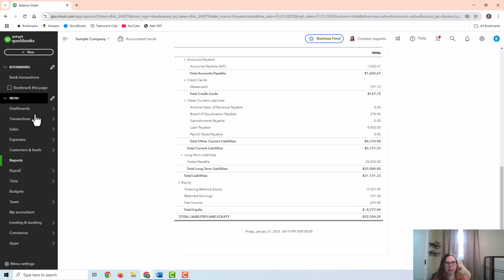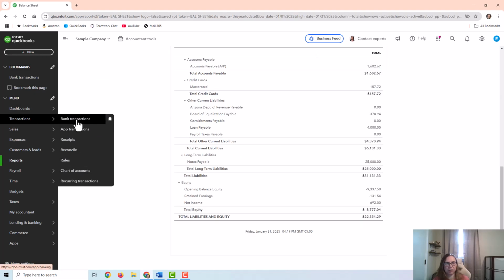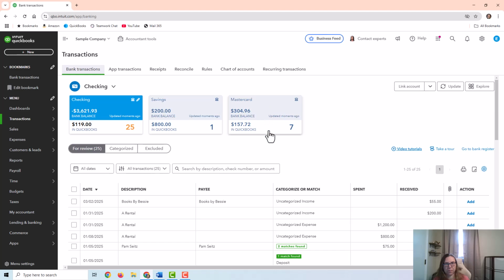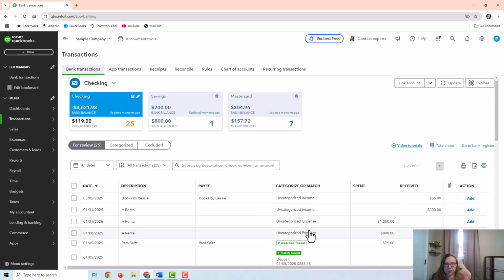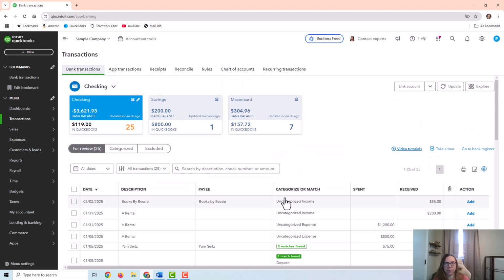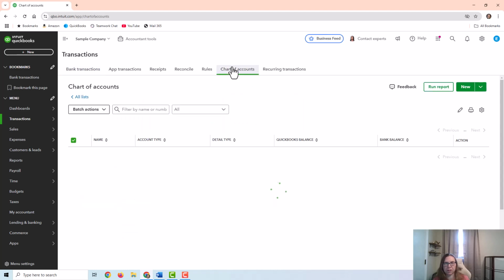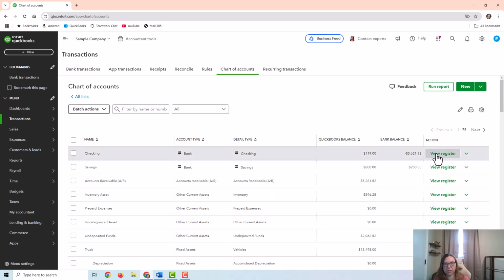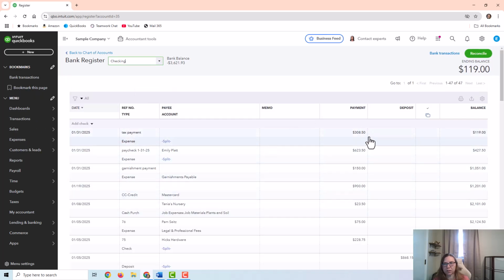So let me go back, and then let me go to the bank transactions. If you have your bank connected, then those transactions would probably come in here. So you could just add them right here on the screen in the same format that I just showed you. And then in the chart of accounts, let's look at that real quick. You can see those transactions right here as a payment from the checking account.